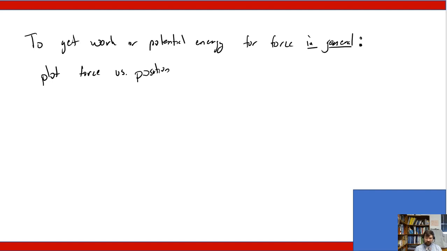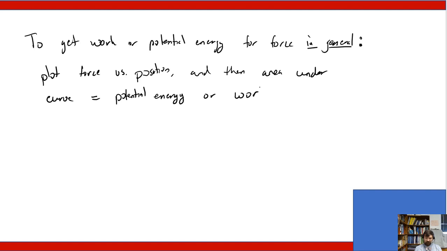So force versus position, and then area under curve equals potential energy, or work.